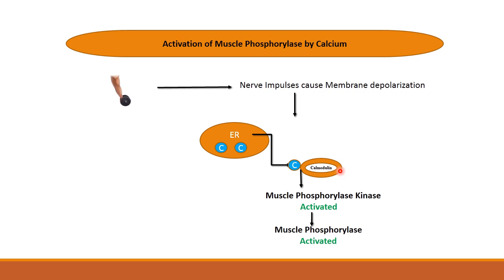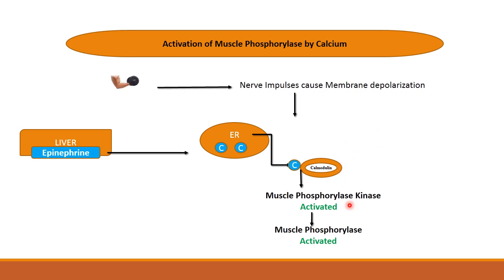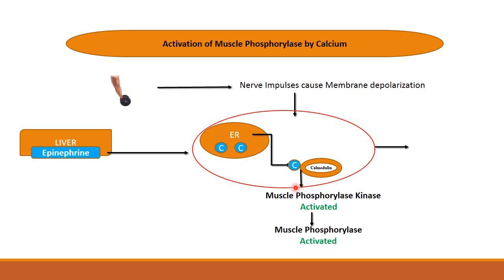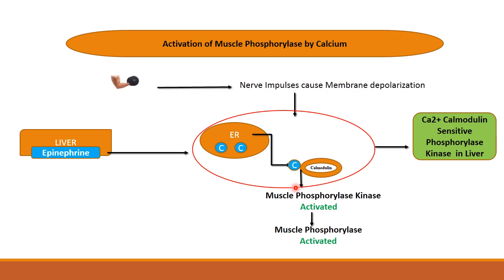Now what happens in the case of liver? In the liver, epinephrine will again cause the activation of the endoplasmic reticulum and the release of calcium, forming the calcium calmodulin complex in a similar way, and this calcium calmodulin sensitive phosphorylase kinase will be activated.